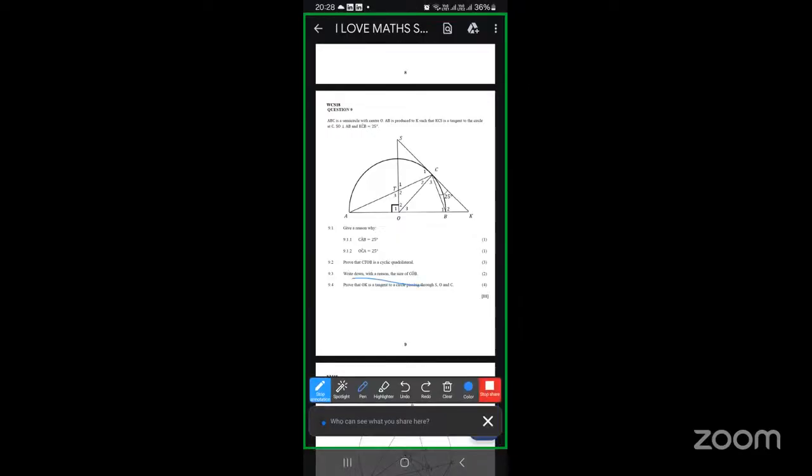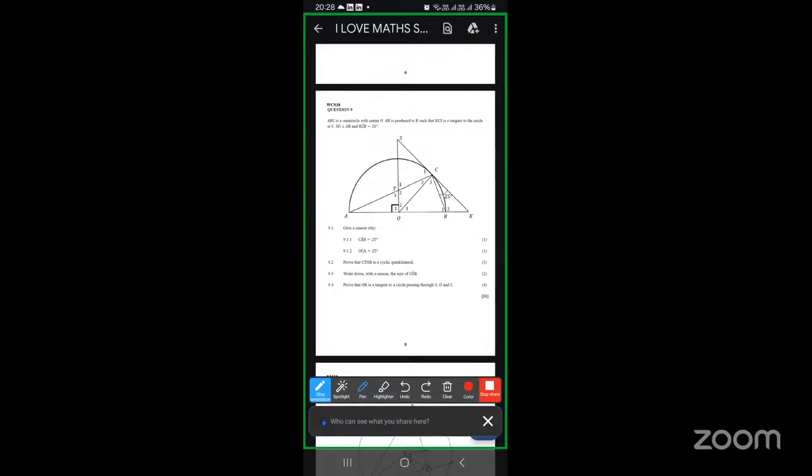Absolutely correct. This angle right here is going to be 90 degrees because this is our semicircle. This is the triangle we're talking about. And then AB is produced to K such that KCS is a tangent to the circle at point C. This tangent touches this circle at C.